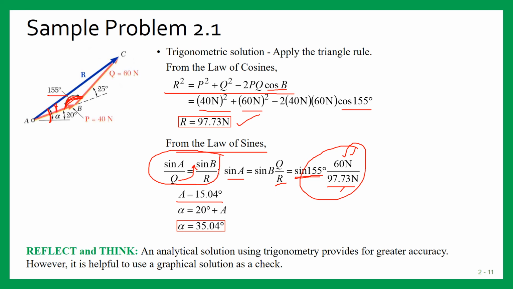With the horizontal, you simply add 20 degrees, because alpha we take from the horizontal direction. So alpha will be 20 plus A, meaning 35.04 degrees. So we are getting almost the same solution by using this law of sines and law of cosines.